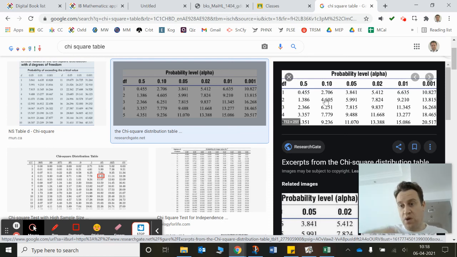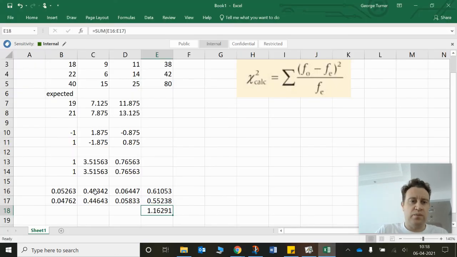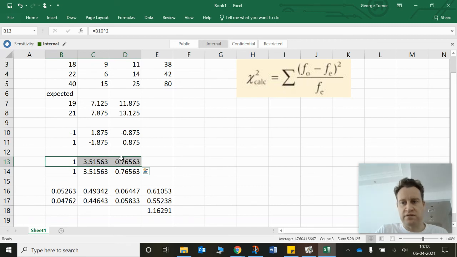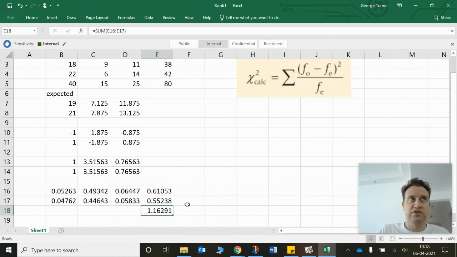And since we're not beyond that value, because we're not getting high differences between the observed and the expected when we sum them all together, we do not reject the null hypothesis in this case. In other words, there's not enough evidence to say that these things are dependent.